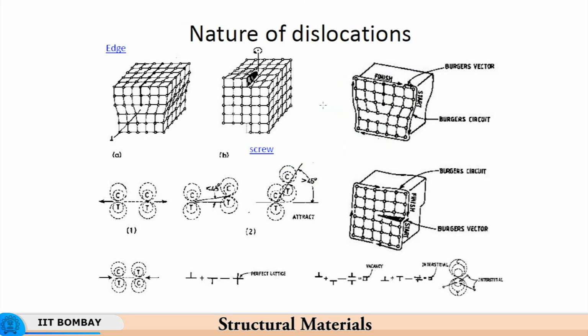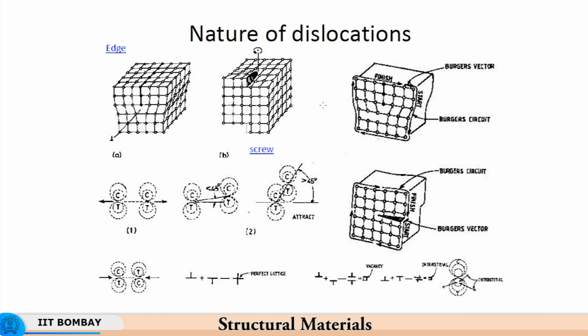So again this is how the dislocations interact. What we have seen is that there are stress fields which are created. So for example, you have an extra half plane over here. So there is compressive force at the top and tensile force at the bottom here. And now if there is an interaction at the same level and same plane, then compression comes together, and so the dislocations tend to repel each other.